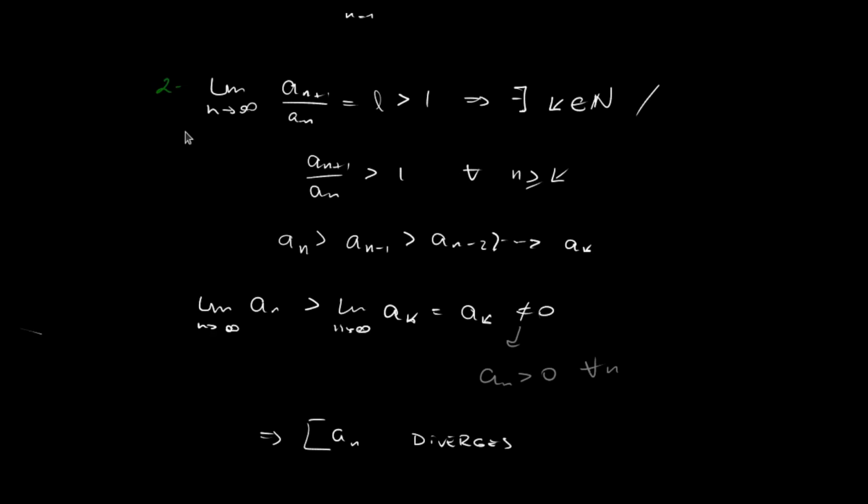Now that we've finished with these few theorems, let's put them to the test in some examples. Let's say we have the series from n equals 1 to infinity of 1 over n. In this case, our sequence a sub n is 1 over n.